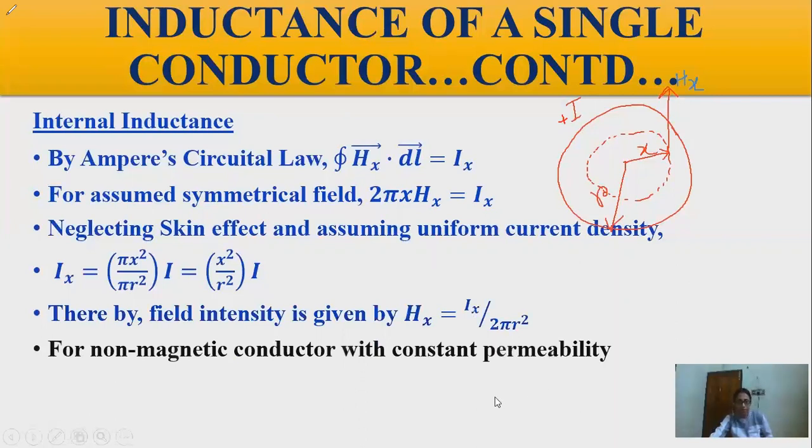For a non-magnetic conductor with constant permeability, the relationship between magnetic field intensity and flux density can be written as Bx equals mu naught into Hx. Put here Hx, mu naught into I into x divided by 2 pi r square.